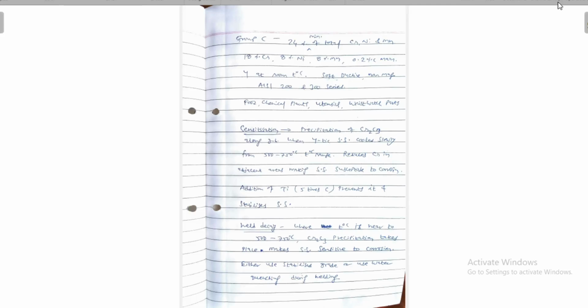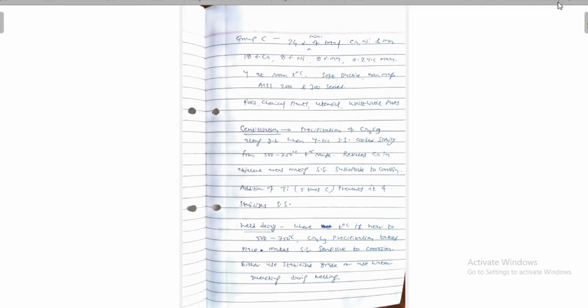The austenitic stainless steel suffers from a problem known as sensitization. When the austenitic stainless steel is cooled slowly from the temperature range of 500 to 750 degrees centigrade, then along the grain boundaries, precipitation of chromium carbide may take place, which will reduce the chromium in the neighboring region, making the stainless steel susceptible to corrosion.